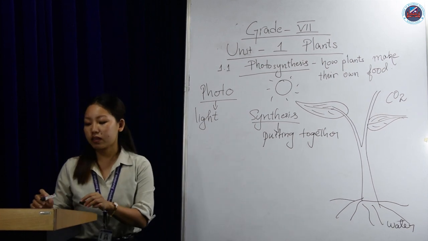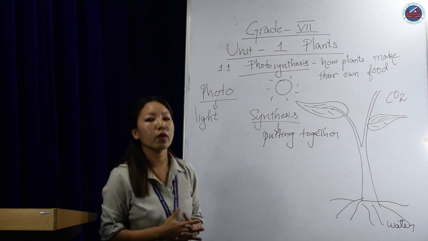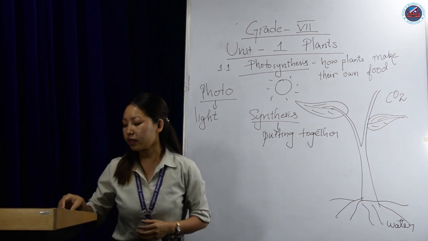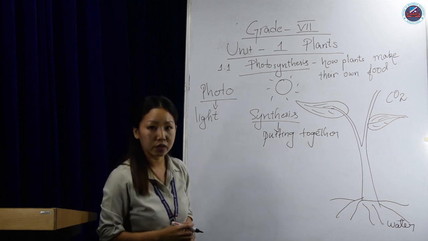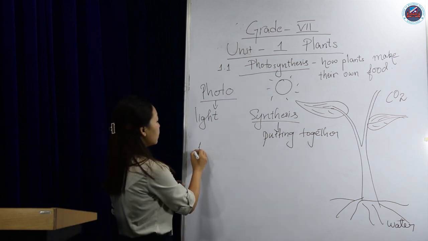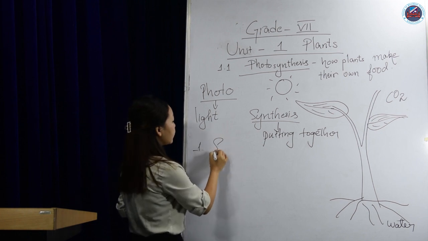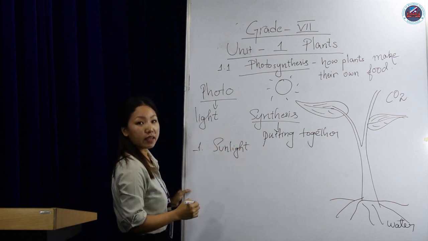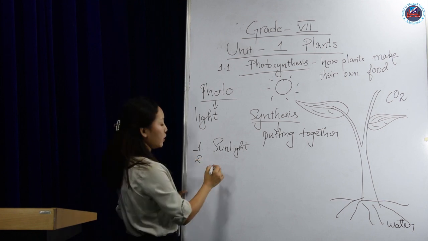Can you guess what the raw materials required for photosynthesis are? Green plants need 4 things to prepare the food. First, they need sunlight. Second, they need chlorophyll.